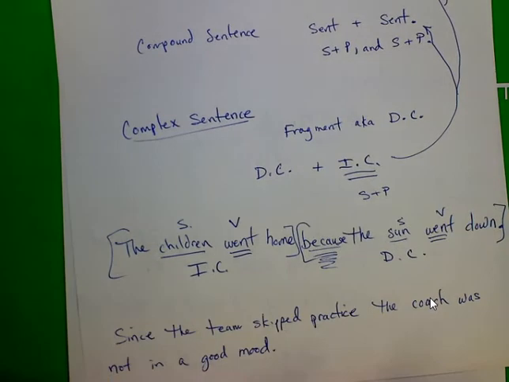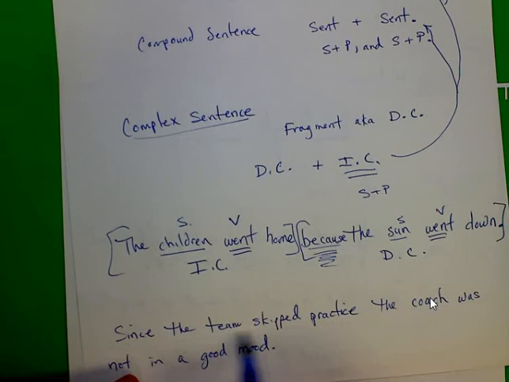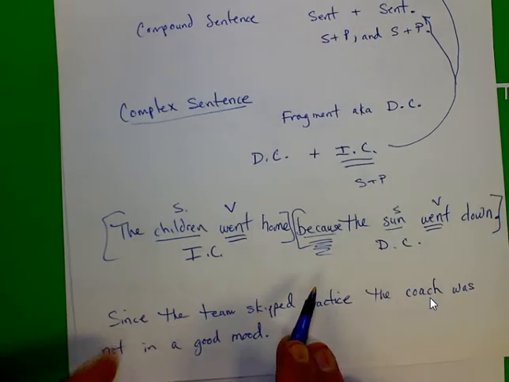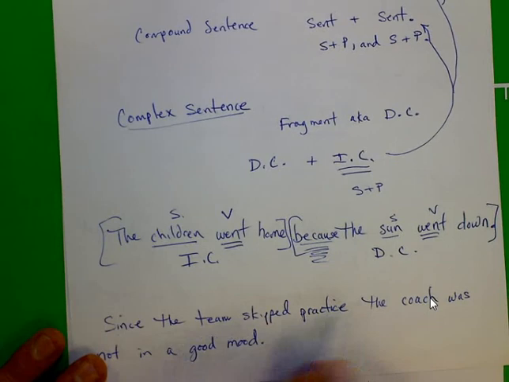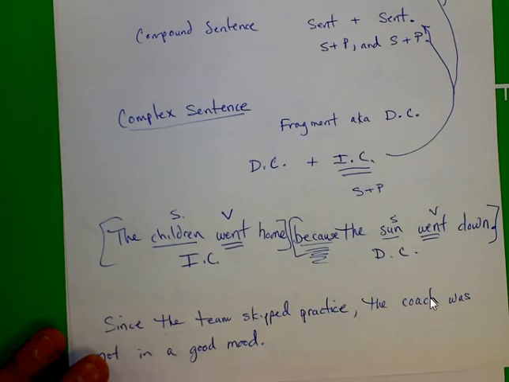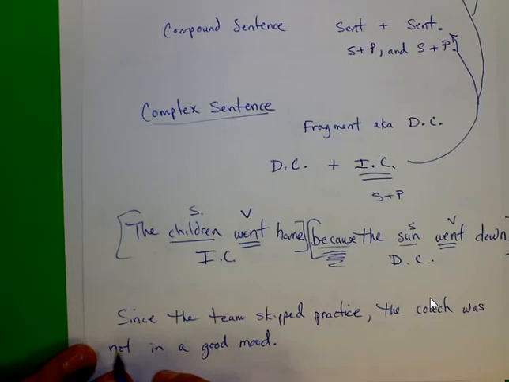Now, you kind of watch sometimes. This is an example where it starts a sentence. We call that an introductory clause. And you have to ask yourself, is there a natural pause right here? Since the team skipped practice, and you may put a comma there because that is a natural paused area. Since the team skipped practice, the coach was not in a good mood.